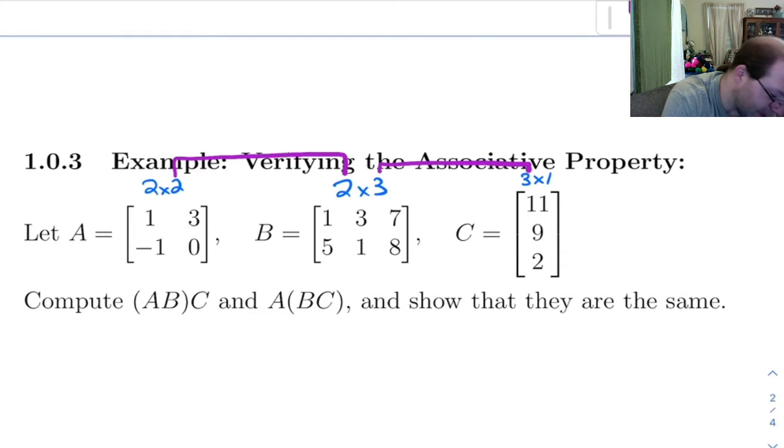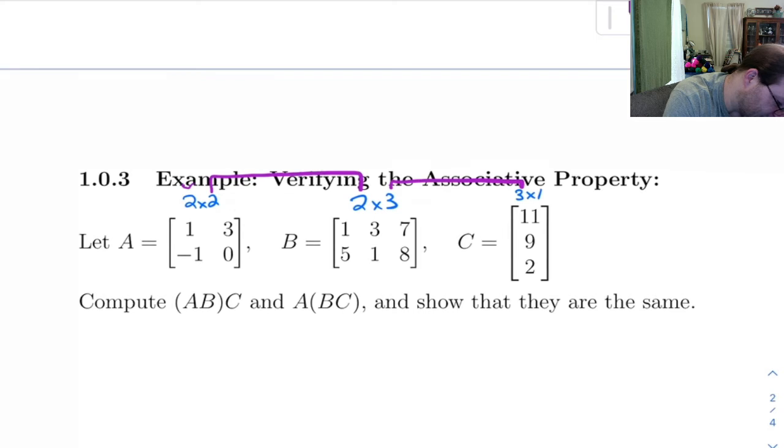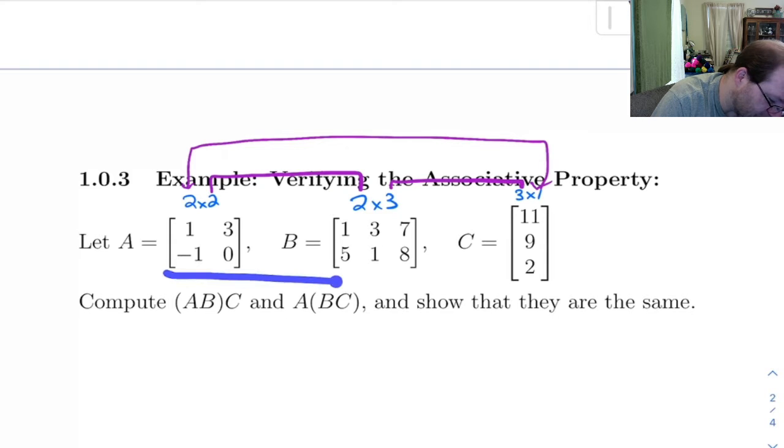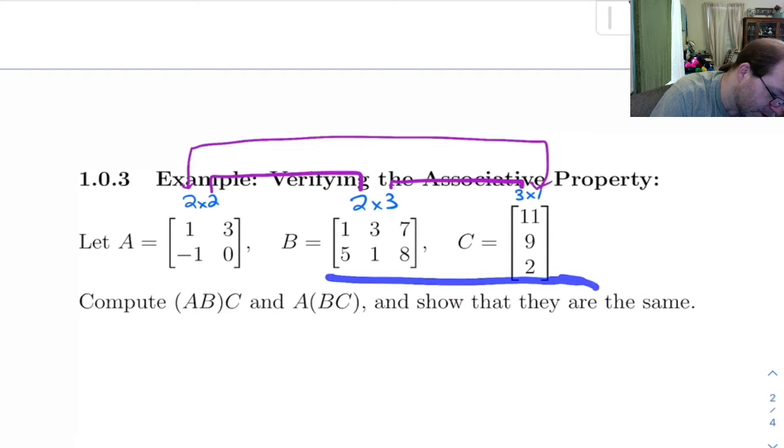We can multiply this out, and our result is going to be a 2 by 1. The intermediate results: if we multiply A and B together, we'd get a 2 by 3, and if we multiply B and C together, that would give us a 3 by 1.